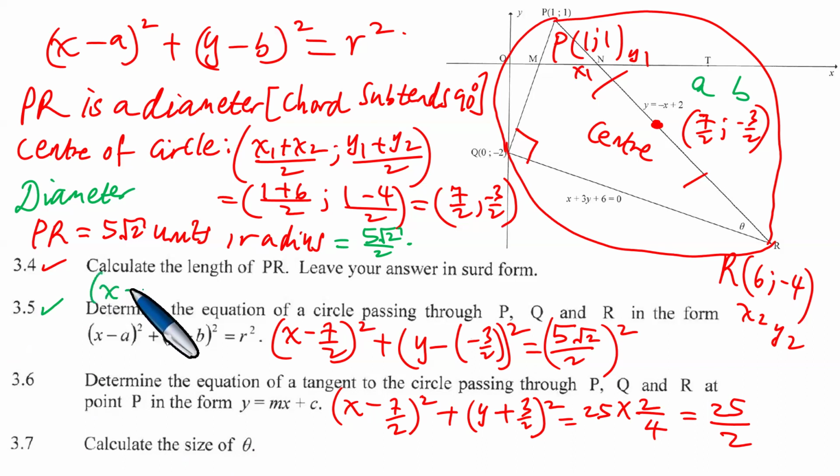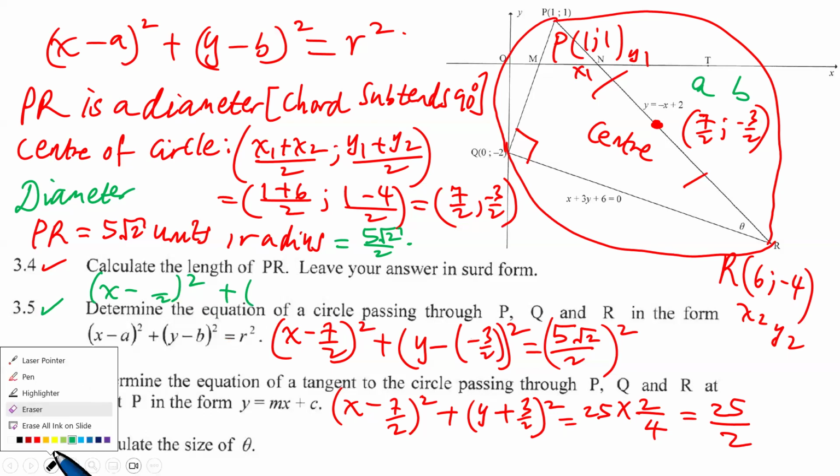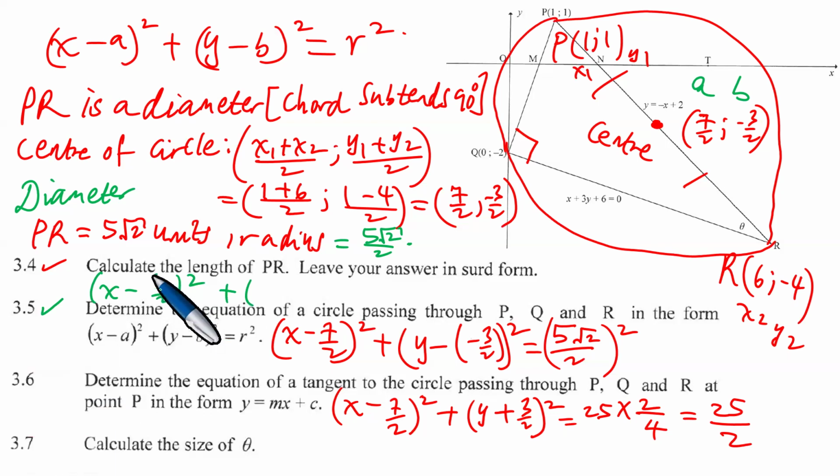It is exactly x minus 7/2 squared plus y plus 3/2 squared, and the result is 25 out of 2.